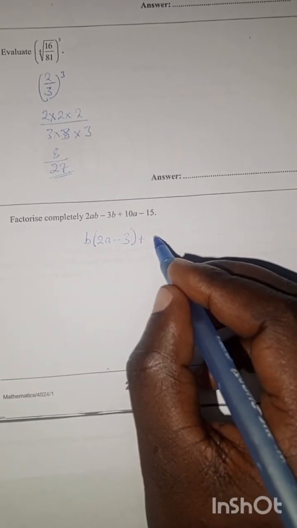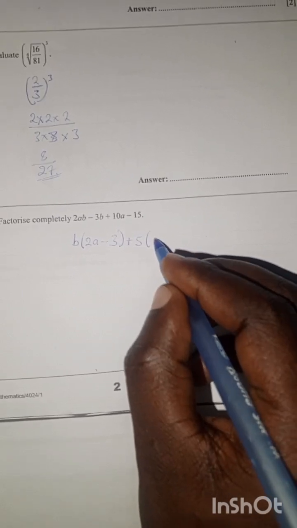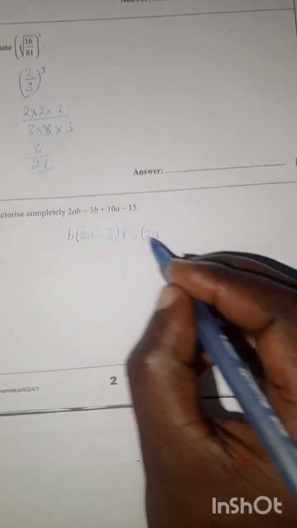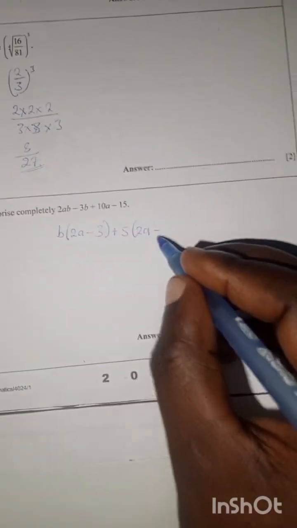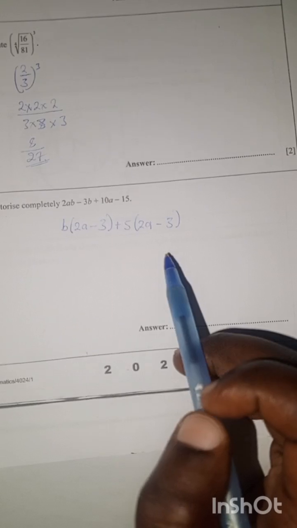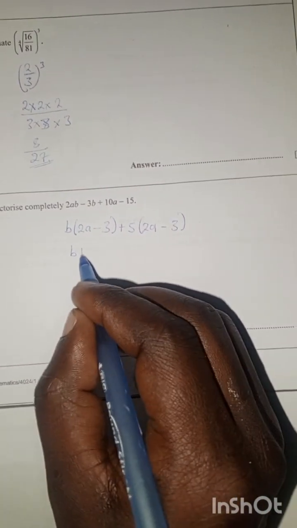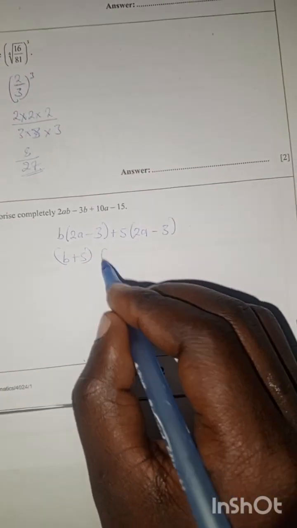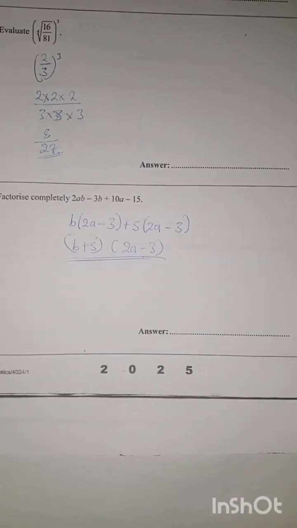And here you can see 5 is the common factor. 5 into 10 is just 2a, and the negative 5 into 15 gives us 3. Once we see this, we know that we are in the right direction. So we get b plus 5, and pick one from the two, 2a minus 3. And then the factorization is done.